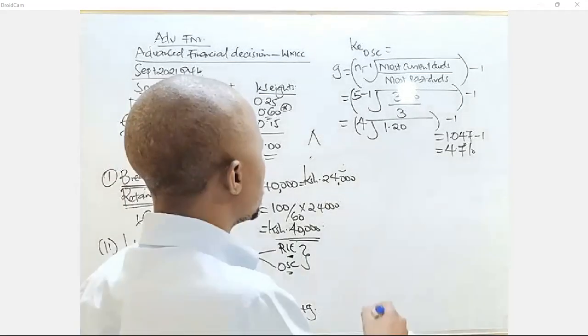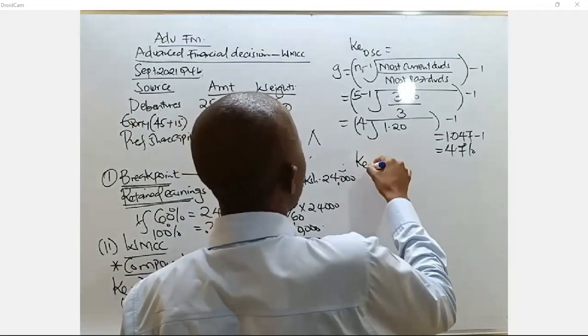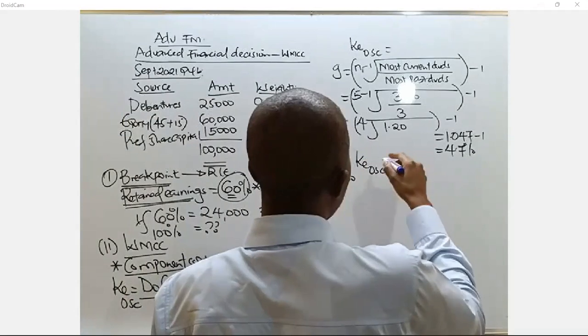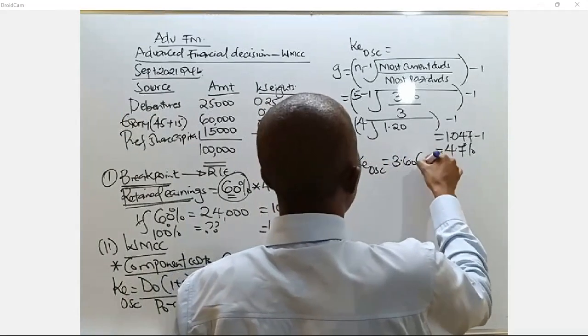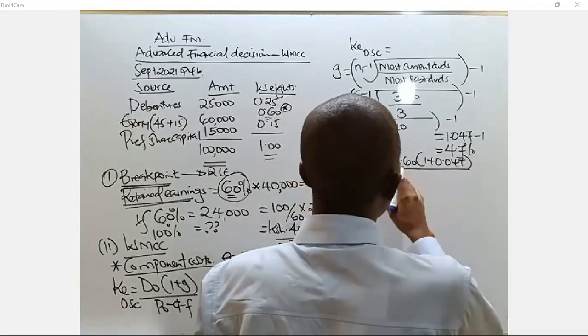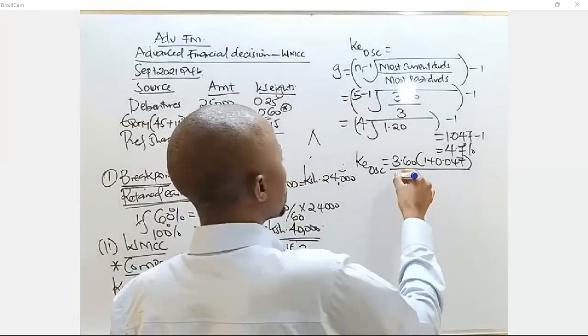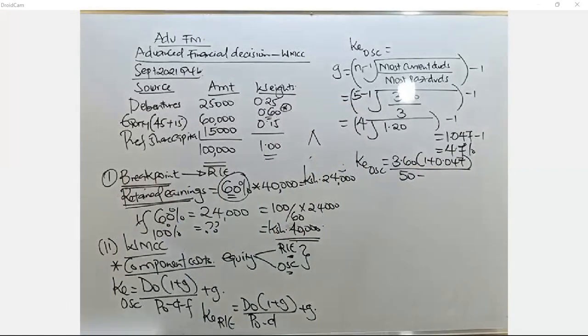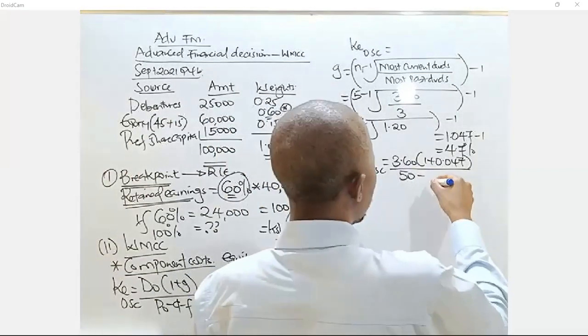So in this case, when I'm getting the cost of equity of the ordinary share capital, we are saying the current dividend, which is 3.60, times 1 plus 0.047. We divide it by the market price, which we are being told is 50, minus a flotation cost. The flotation cost we are being told is 10%. 10% of 50 is how much?